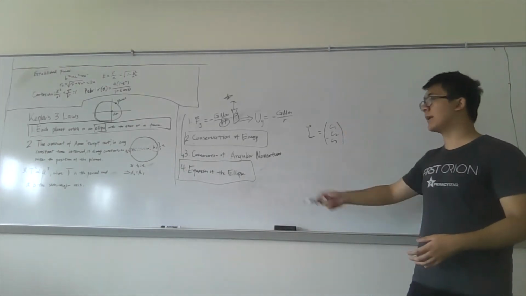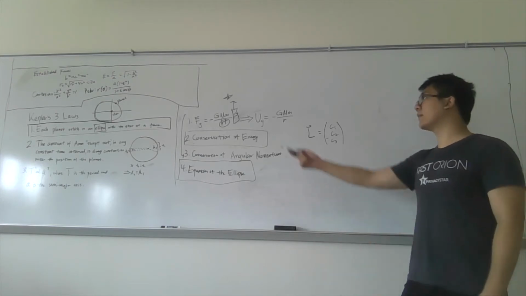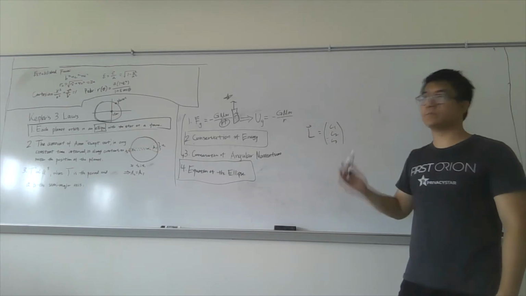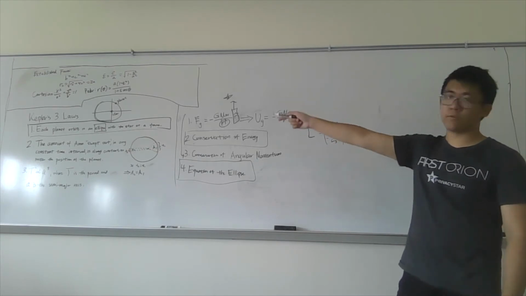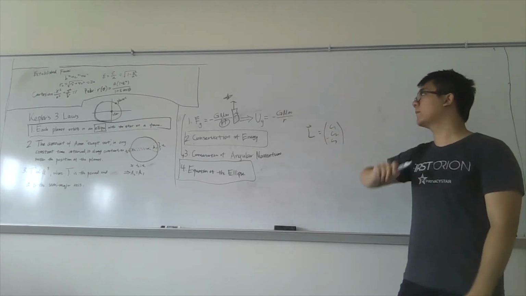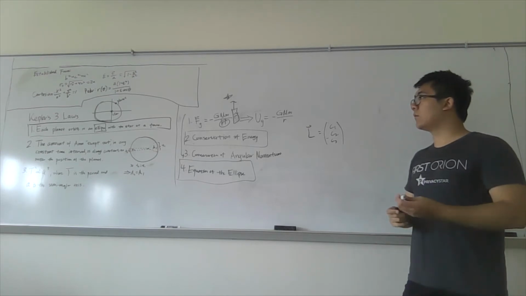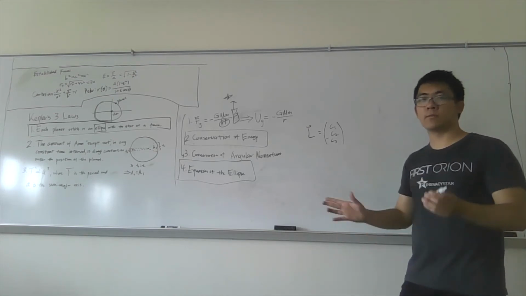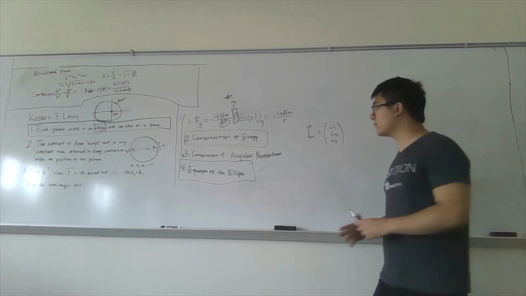Therefore, we can just treat it as a two-dimensional system, and we can use our polar form of the equation of the ellipse. So we don't have to worry about that.